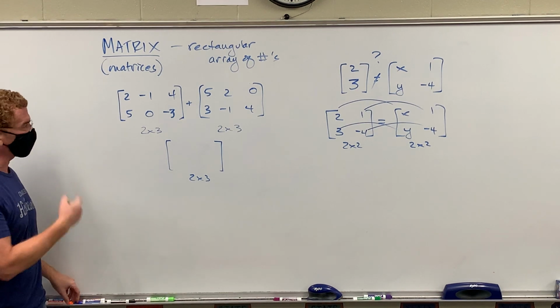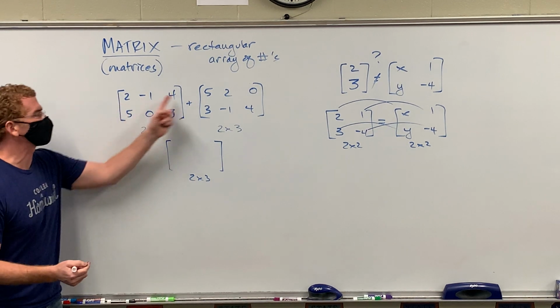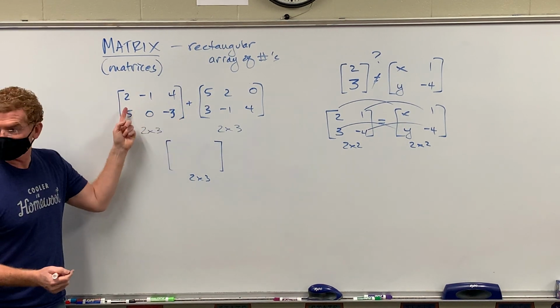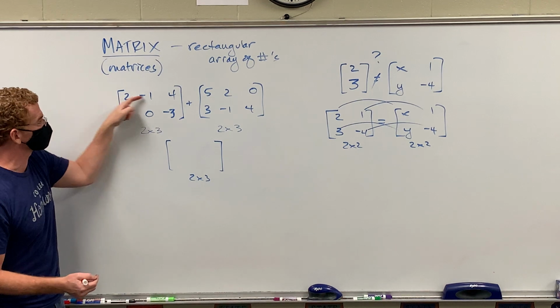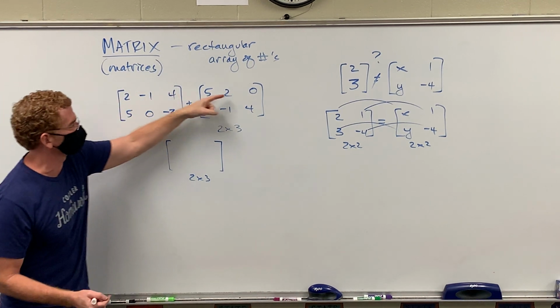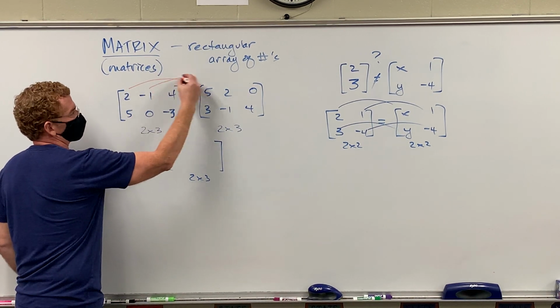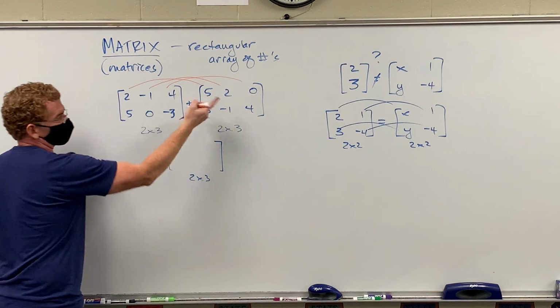So what do you think you do to add these? Just add them. That's right, we call those corresponding elements. So if this is in the first row and the first column, then I would add that to the term that's in the first row and the first column. So good, you're just basically matching up these terms and adding them or doing whatever it says to do.